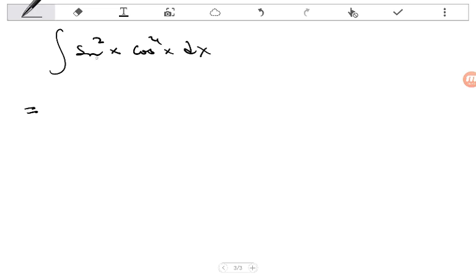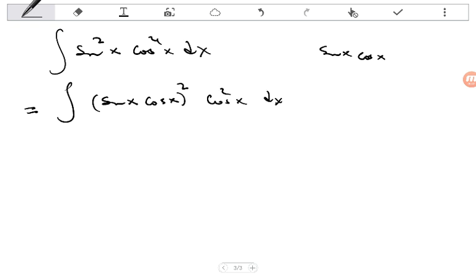How should I apply the reduction formulas? I first try to find sine x multiplied by cosine x. So I express it like this: sine x multiplied by cosine x all squared, multiplied by cosine squared x. Do you understand what I have done here? Okay, I take the similar powers: cosine squared multiplied by sine squared, so that I can apply this formula.